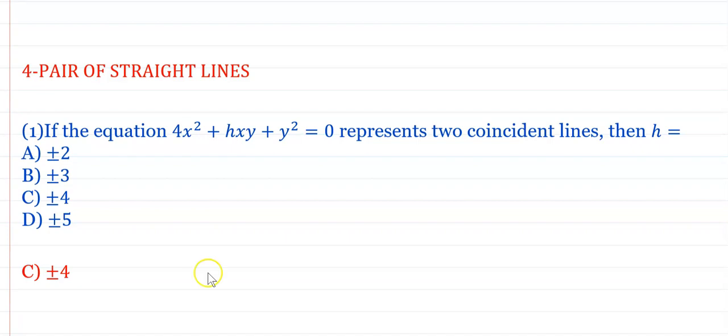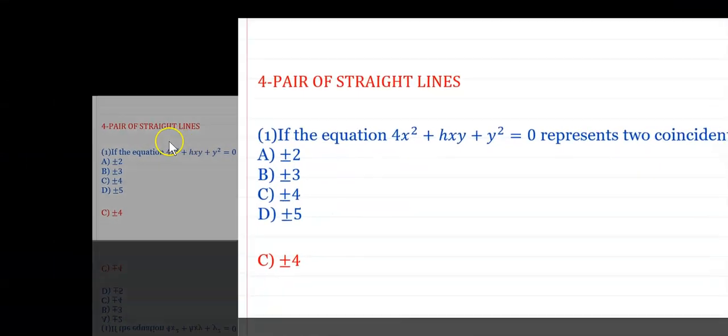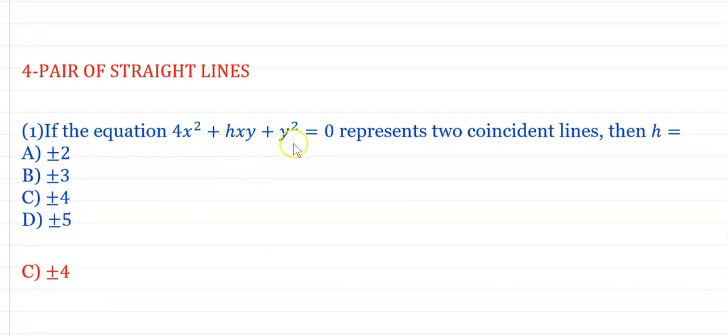First question: if the equation ax square plus 2hxy plus y square is equal to 0 represents two coincident lines, then h is equal to. Now we'll compare this equation with ax square plus 2hxy plus by square is equal to 0.